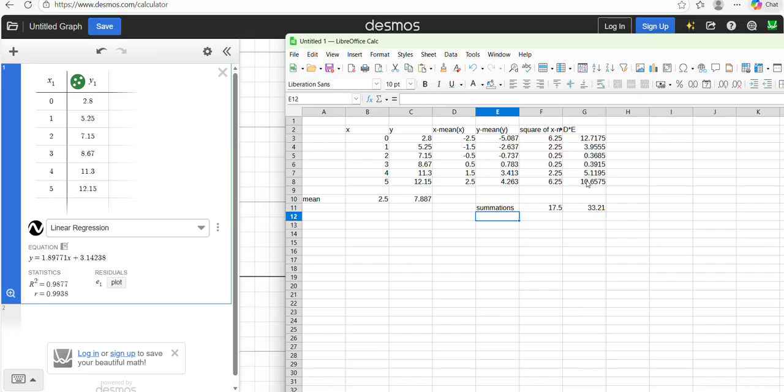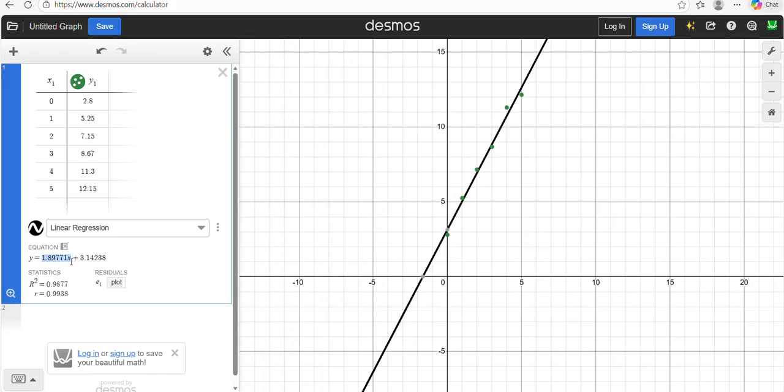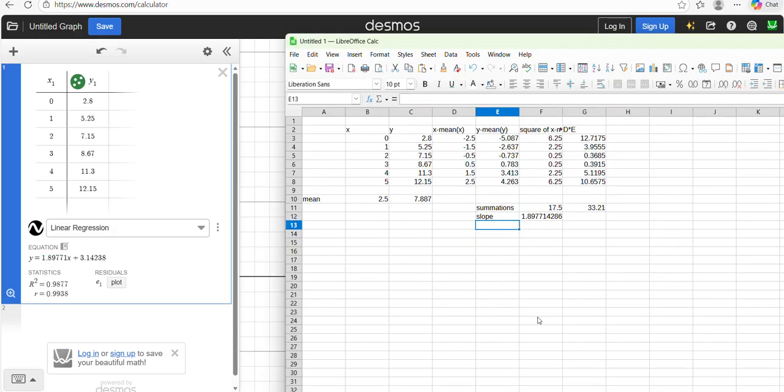Then when we divide, the slope should be cell G11 divided by cell F11. This divided by this gives 1.89771, which agrees with Desmos, 1.89771 for the slope of the regression line.